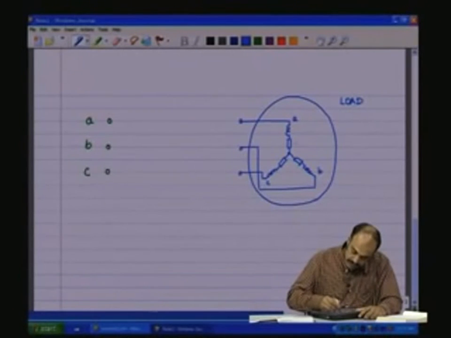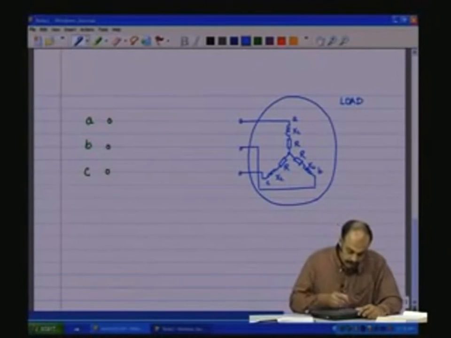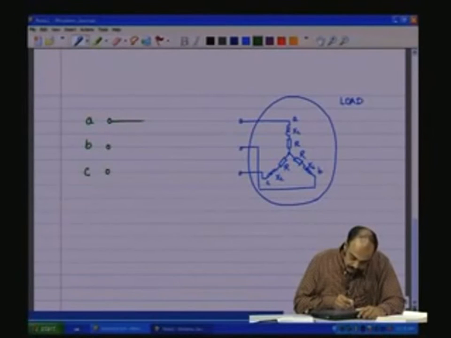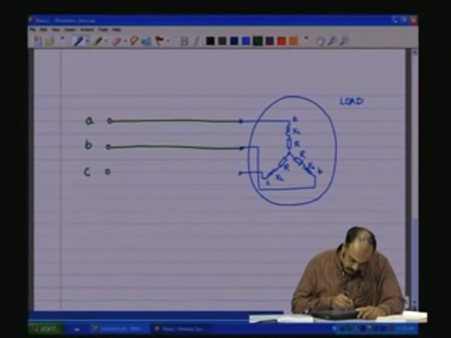Let us say they are all balanced: R, XL, R, XL, R, XL. So, we make a connection between the source and the load.